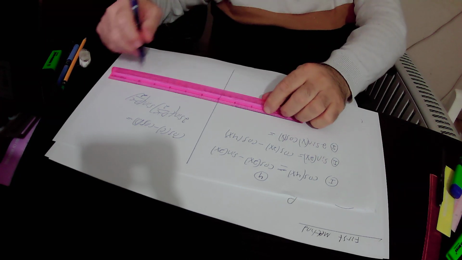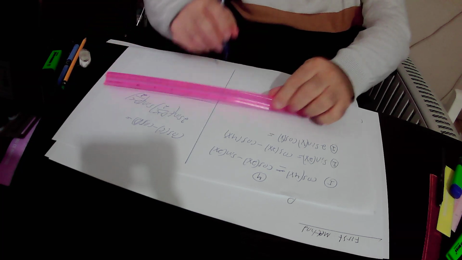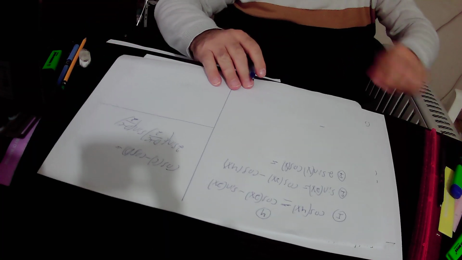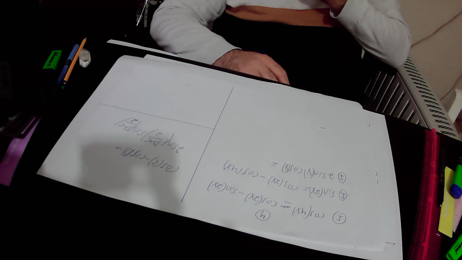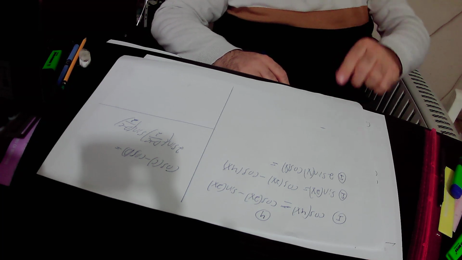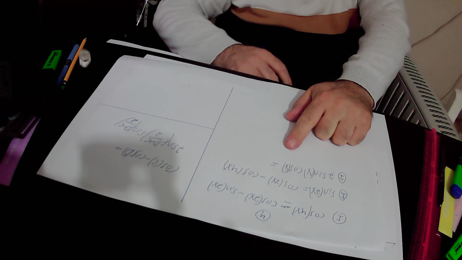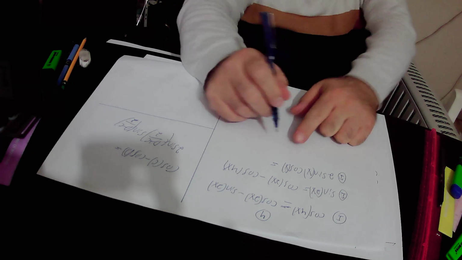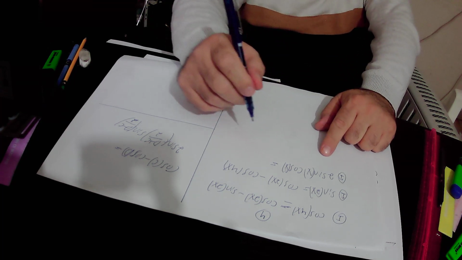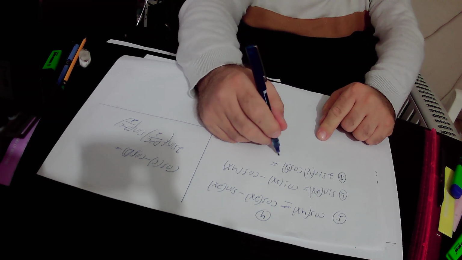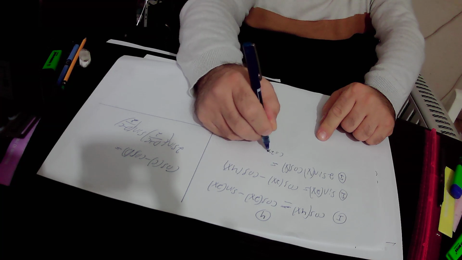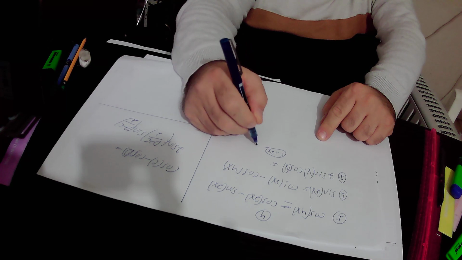Okay? So, in our specific equation number 1, C equals 2x and D equals 4x.